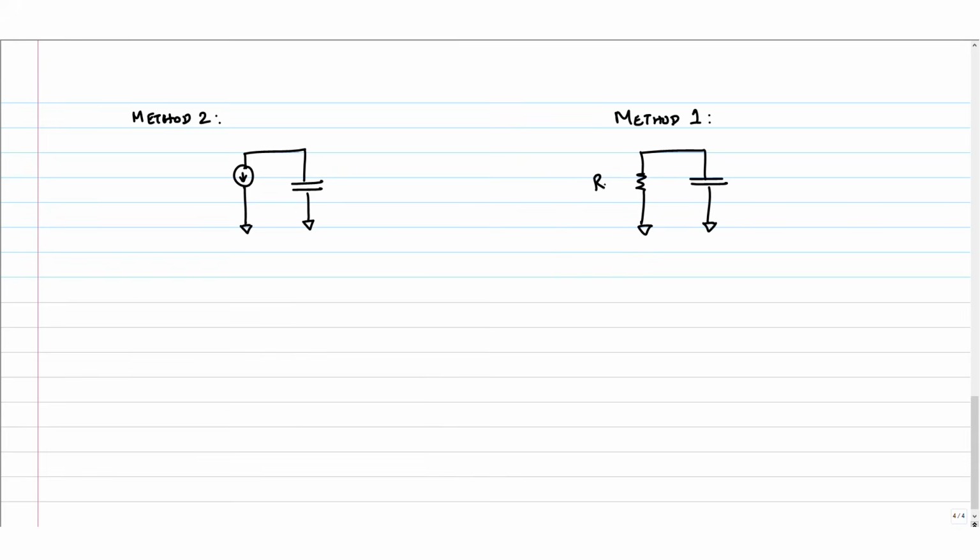Okay, so we did the same calculation in method 2. It's a constant current source discharging my capacitor. Method 1 is, you had a thing like this, R equivalent into CL.